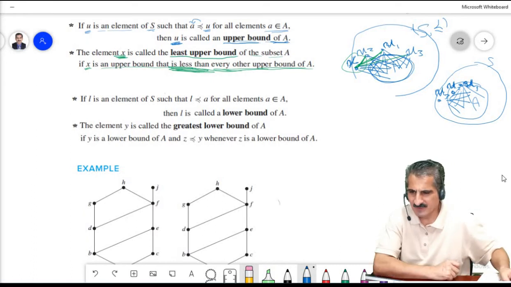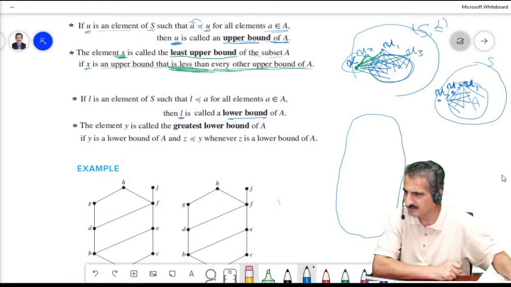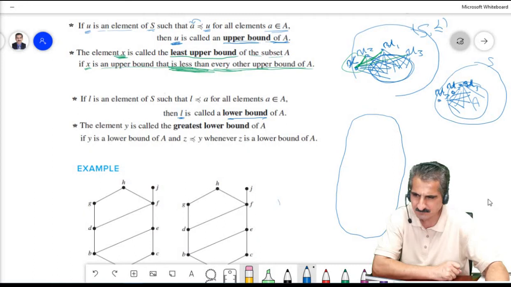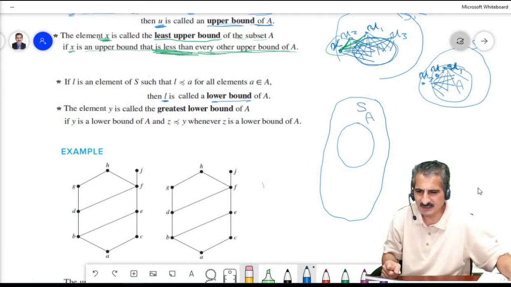Okay. Now we will define what we mean by a lower bound of a subset A. So let's make a diagram of the definition we are explaining. Assume we have a set S here. This is a set S, okay? And assume we have a subset A inside S, and assume we have elements here.